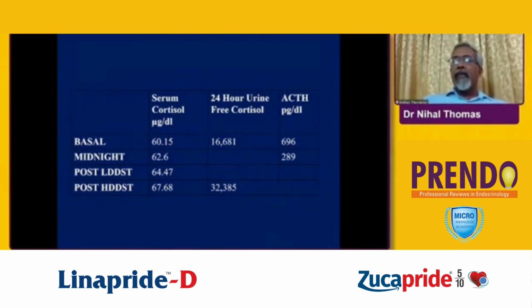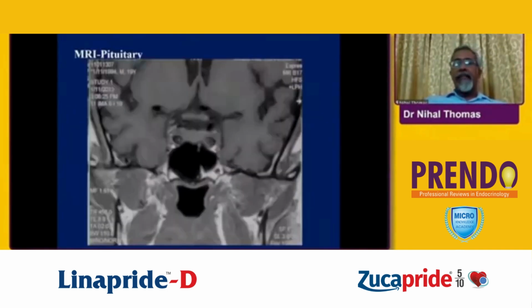The urine free cortisol levels are also sky high, almost 100 times the upper limit of normal. And the ACTH levels are well above the cutoff range in our lab, almost 20 times the upper limit of normal at 696.